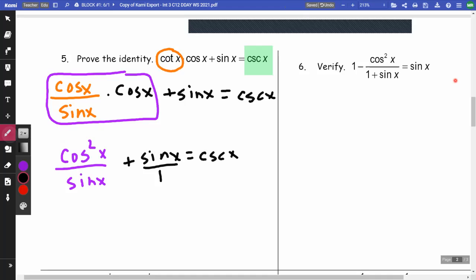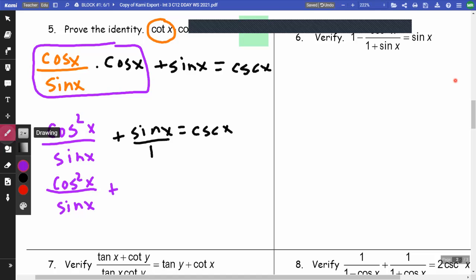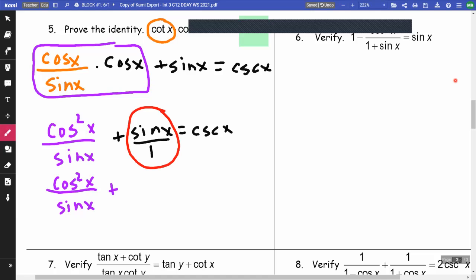So what that means is I'm going to multiply the top and the bottom by sine x. Okay. So I'm going to have cosine squared x over sine x. And I am going to multiply top and bottom of this by sine x.